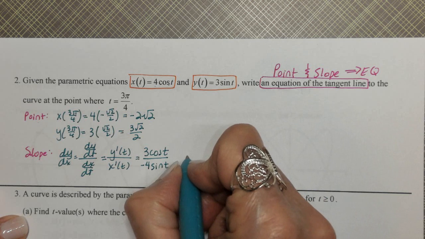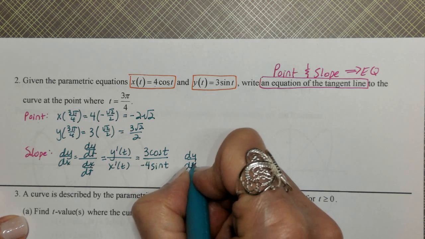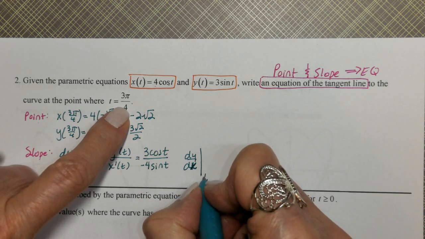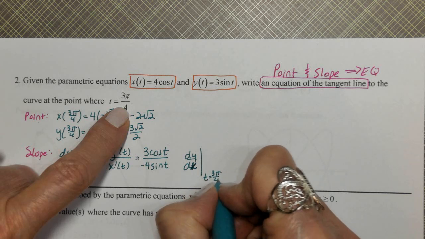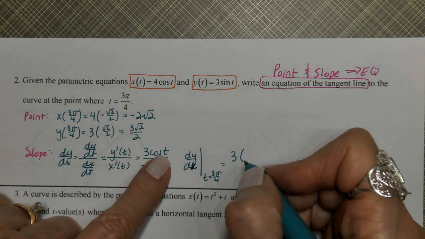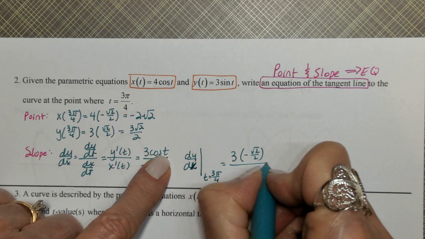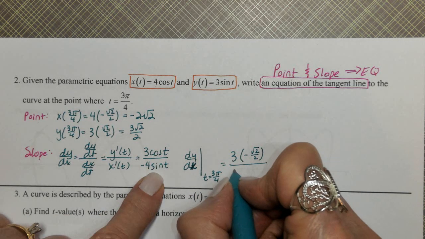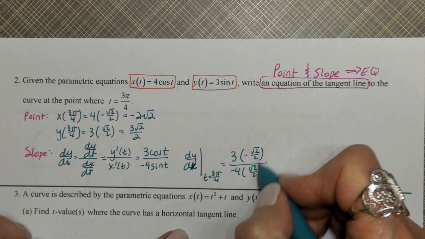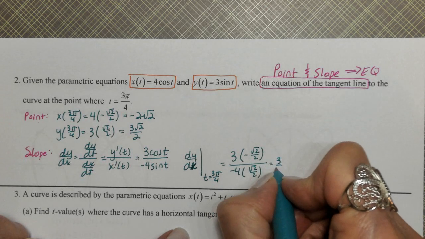And then we're going to plug in our time, 3 pi over 4, into dy dx. That is 3 times cosine of 3 pi over 4, which is negative square root of 2 over 2. Sine of 3 pi over 4 is positive square root of 2 over 2. The square root of 2 over 2's will cancel. My negatives cancel, and I have 3/4.